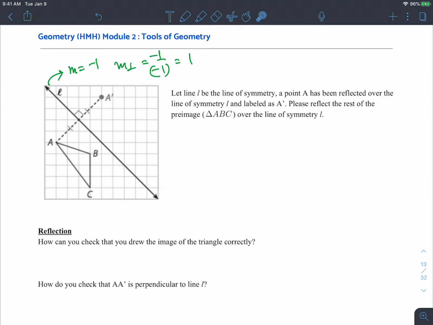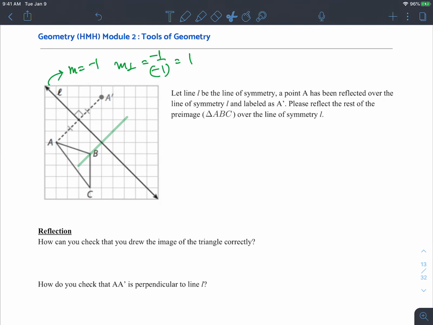All right, so if that's the case, what do you do to the B? Well, one of the things you could do, I can't really show it to you, but I would actually use a ruler, right? I might get a ruler and just go over it like that, and slide it down this way, guys.